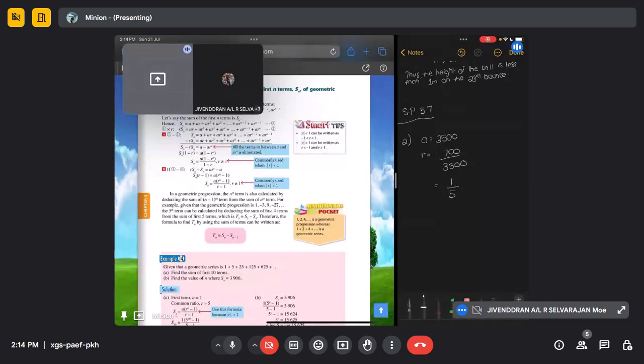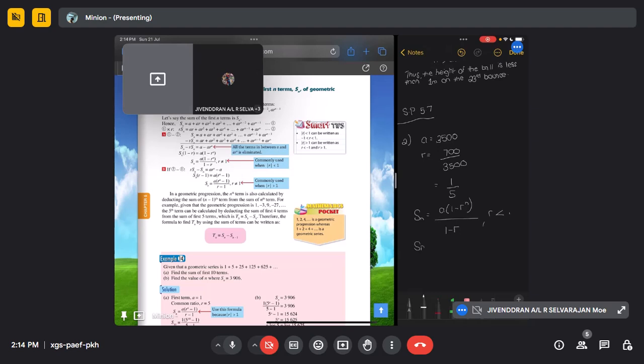So now using the formula, Sn is equivalent to a(r minus r^n) over 1 minus r, since r is less than 1.